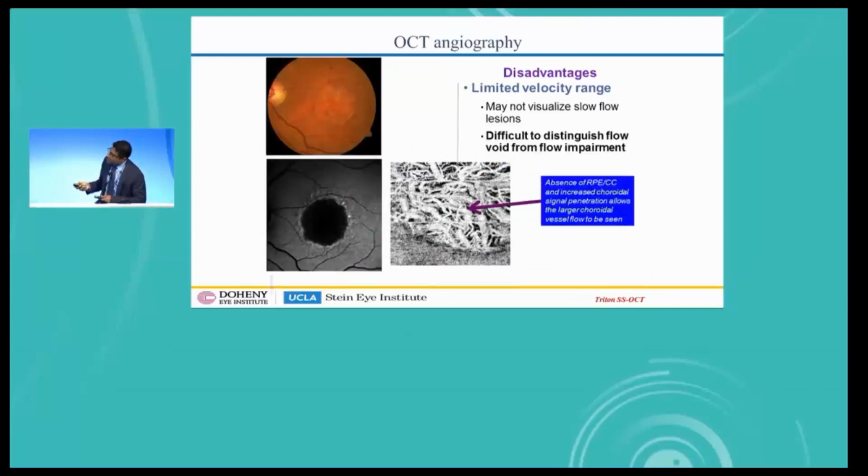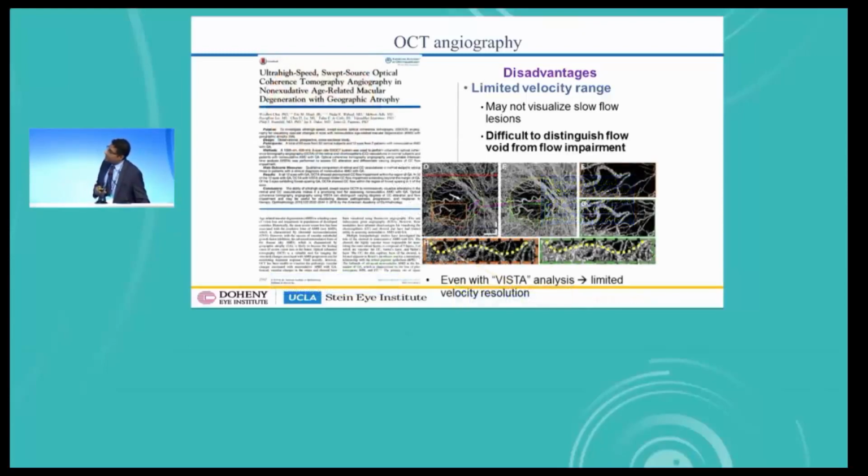What's interesting, though, is to look at the other side of the margin of these lesions. Again, this is another example of a patient with GA, but I wanted to point out, here you have intact choriocapillaris, here you have absence of the choriocapillaris, and you're seeing the larger vessels. But here at the margin, you see these areas of what appear to be reduced flow, these relatively dark areas. This is something that Nadia and Jim had studied very well with their VISTA analysis, where they demonstrated that if you change the interscan time between the OCT A acquisitions, by going to a longer interscan time, some of these dark areas at the margin of the GA lesions actually started to fill in.